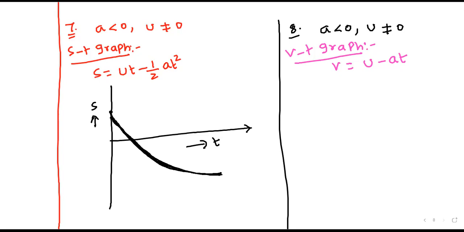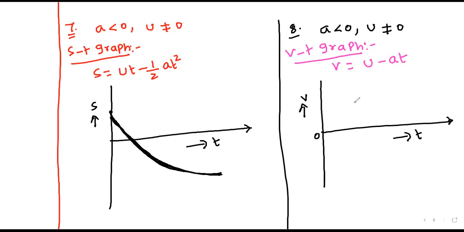So we'll have the graph as follows. This is the time. Here it is velocity. Initially when time is 0, we are having an initial velocity. This is initial velocity, u.